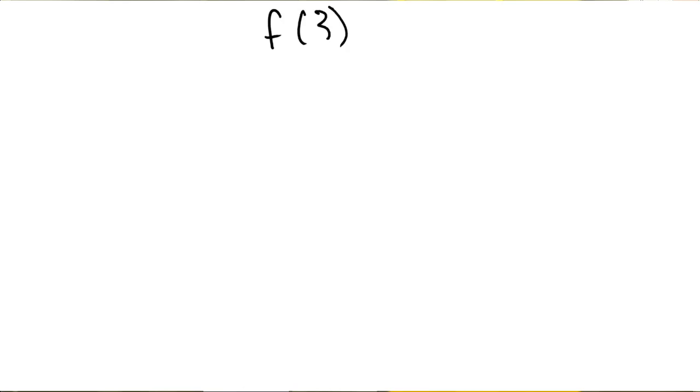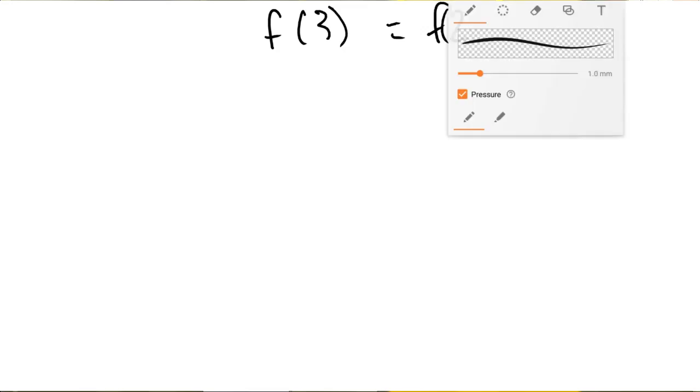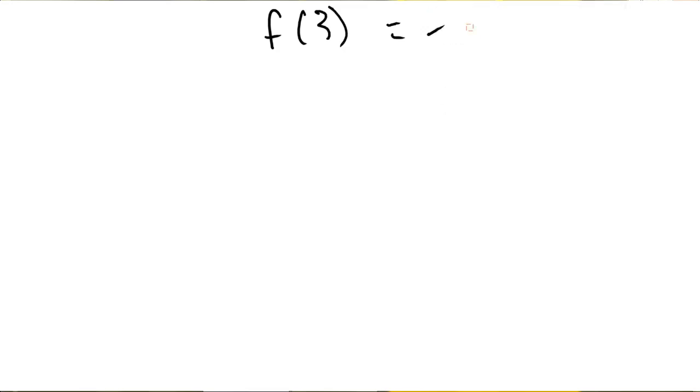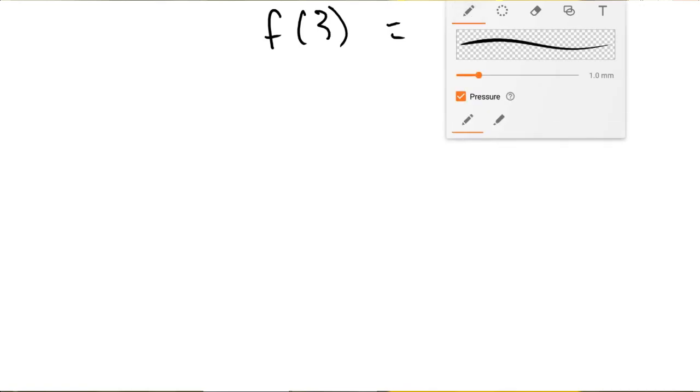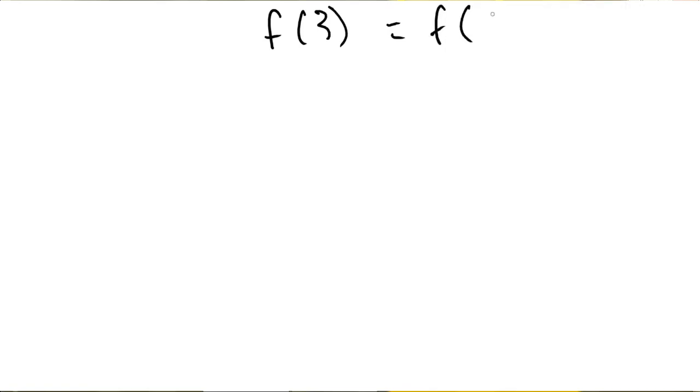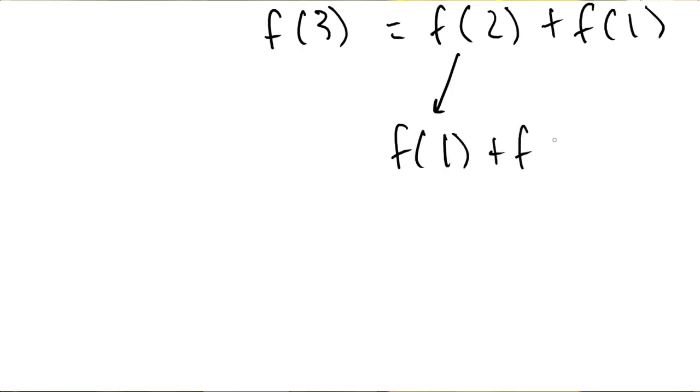So F3 is equal to F2 plus F1. F2 is equal to F1 plus F0.